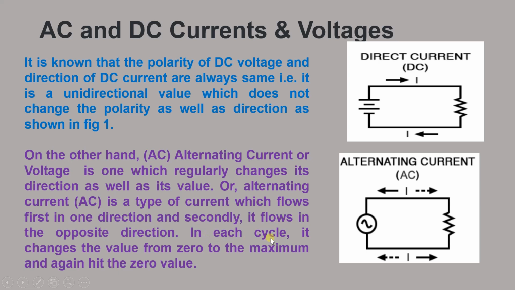In each cycle it changes the value from 0 to maximum and again hits the 0 value. Alternating current gives us the positive and negative peaks in each cycle. The first half is the positive cycle and the second half is the negative cycle. So according to the positive and negative cycle, the directions of these currents are changing.